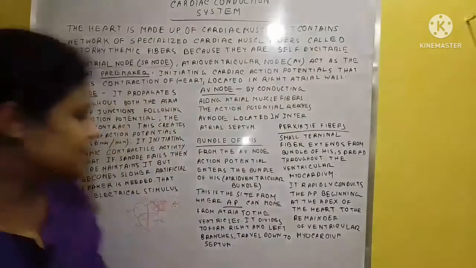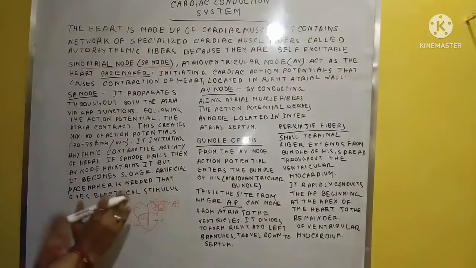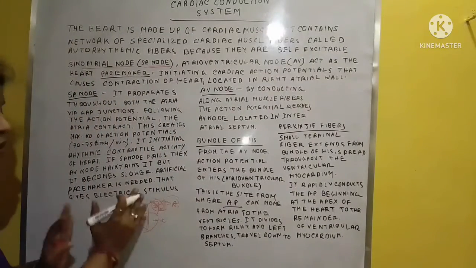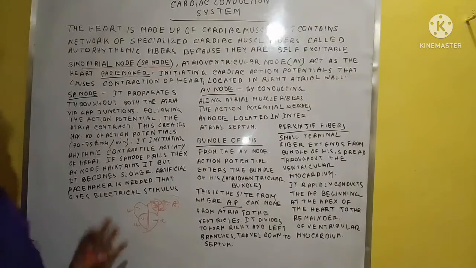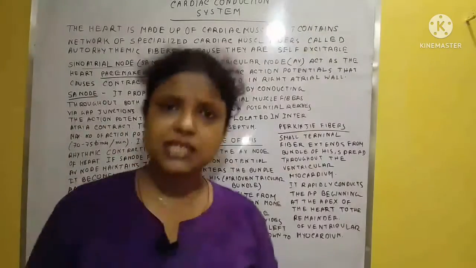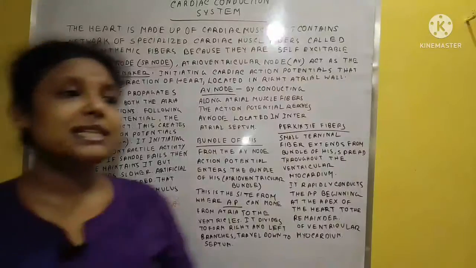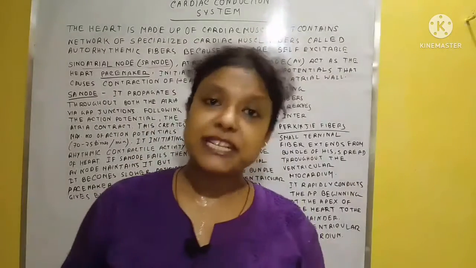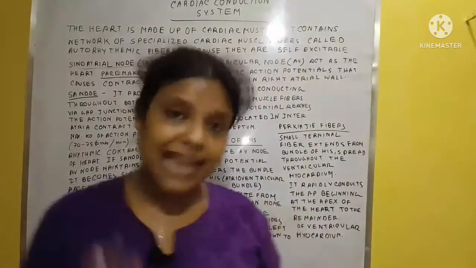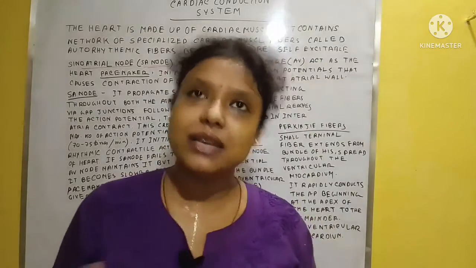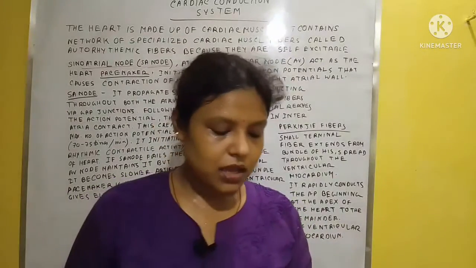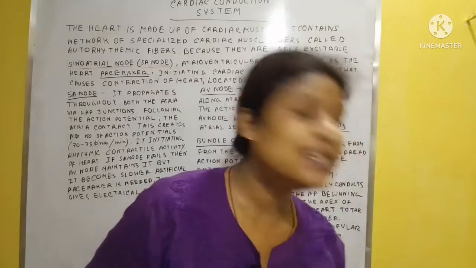Clear? So this is the artificial pacemaker's role. But you know the natural pacemaker, the AV node, is also important because it also acts like a pacemaker, but it has no side effect, and we can easily go out in the rain.